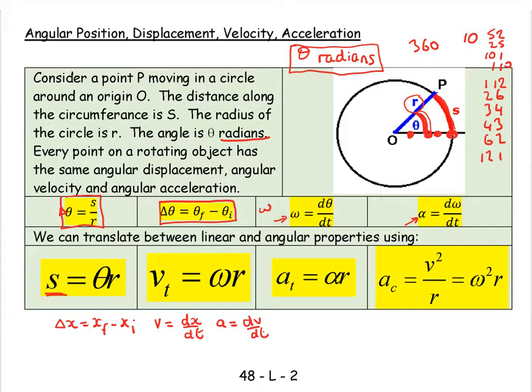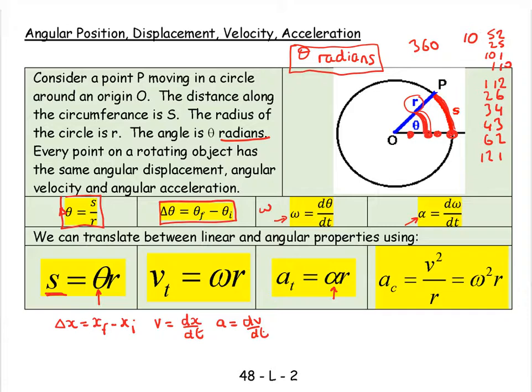Our arc length is equal to theta r, our angular displacement times r, and our tangential velocity is equal to omega r, our angular velocity times r, and our tangential acceleration is equal to alpha r, our angular acceleration times r. We can even change our centripetal acceleration.